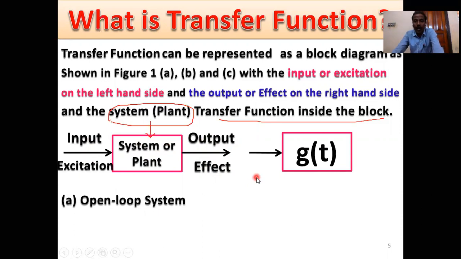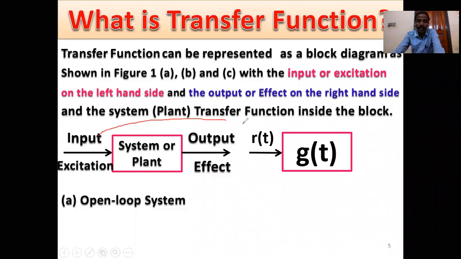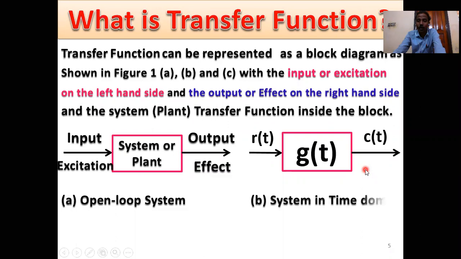In the block diagram in symbolic form, the input is R of t, the input or excitation. G of t is the transfer function, the system gain or plant or process gain. And the output or controlled output is C of t, the output or effect section.